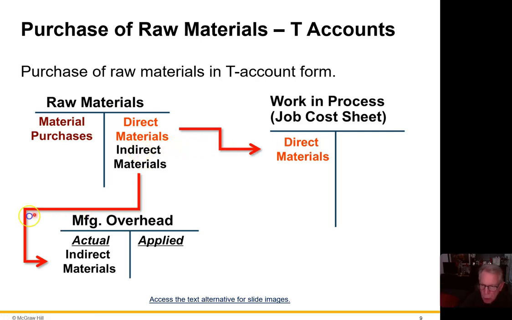Indirect materials go into the indirect materials actual in manufacturing overhead. Again, that's going to be the debit side of manufacturing overhead. What we don't move into manufacturing overhead or work in process inventory stays in raw materials inventory on the balance sheet.